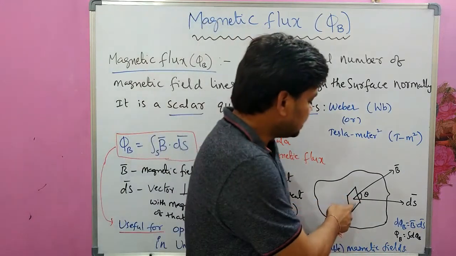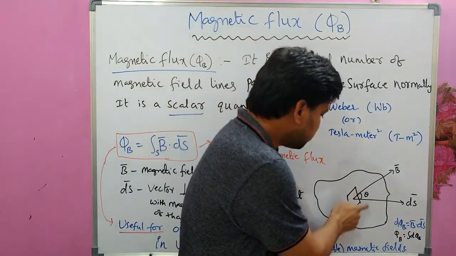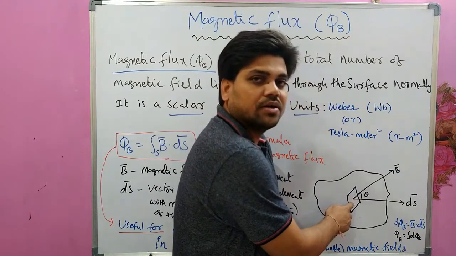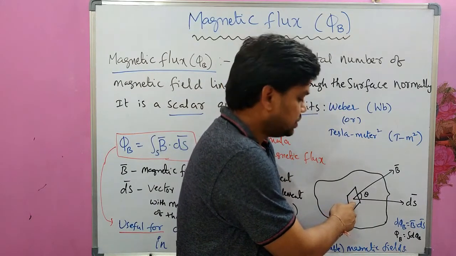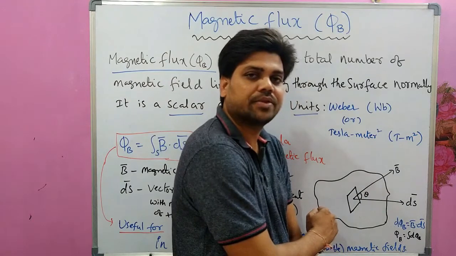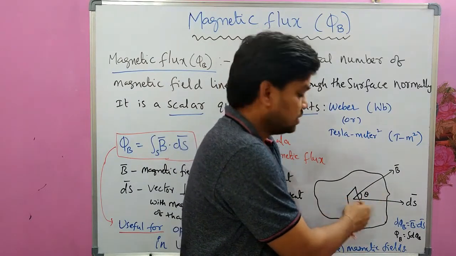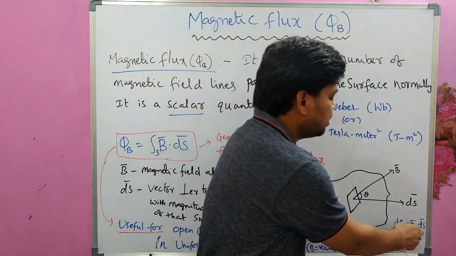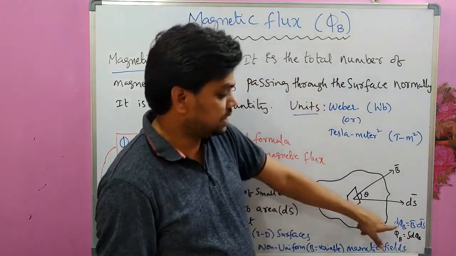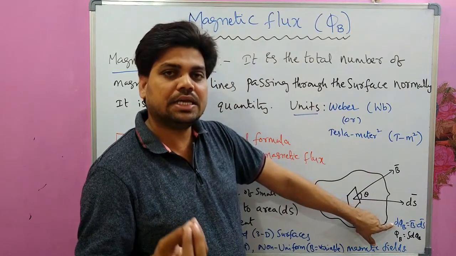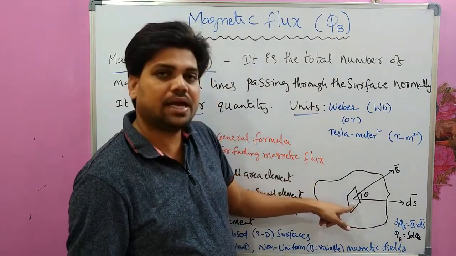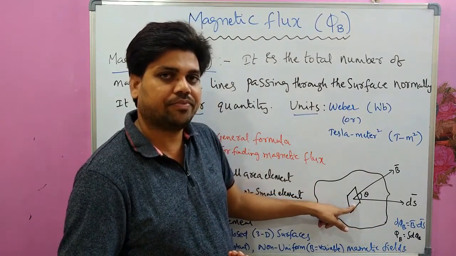Then the flux linked to this small area element, whose magnitude is ds, the area magnitude, will be d phi B equal to B bar dot ds. So this d phi B is the flux linked to the small area element that we have considered here.